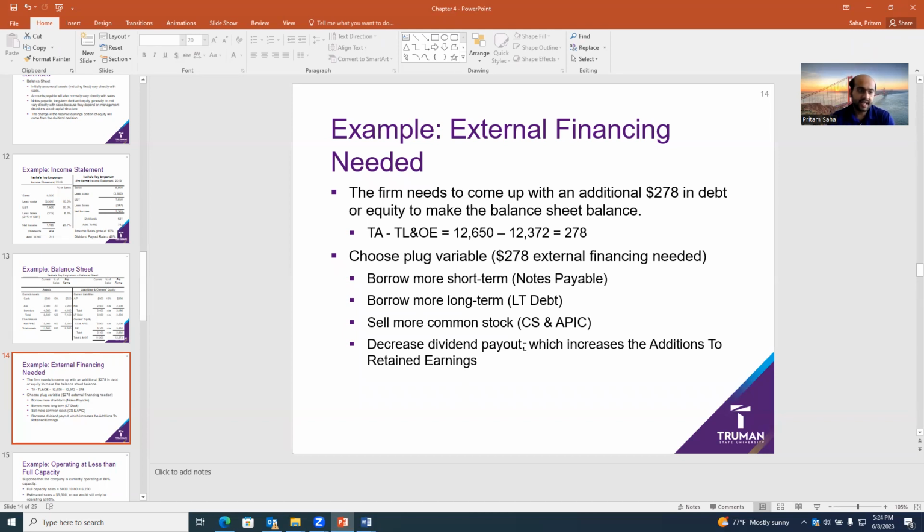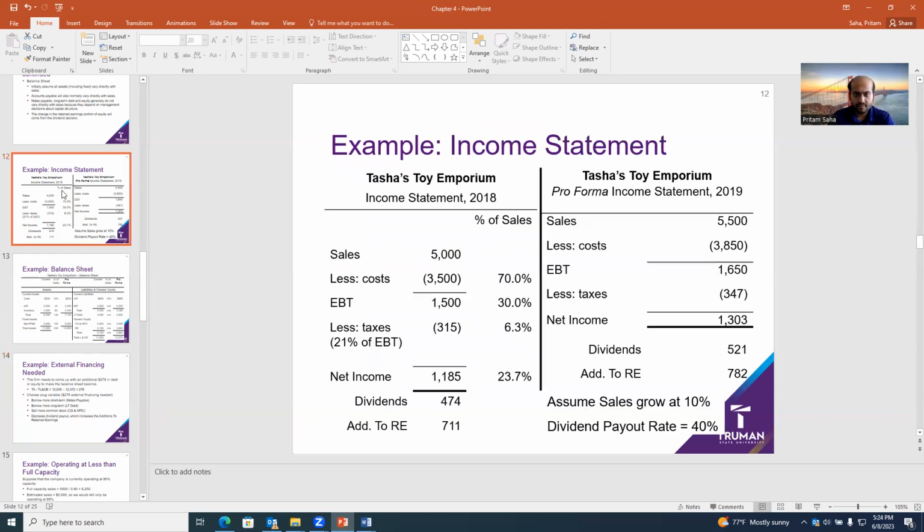So let's say in 2018, this was our historical sales, $5,000, okay? And let's say the company, Tasha Troy, is only using 80% of the asset capacity to generate these sales. So that means if they have 100 assets, they're only using 80 assets to generate this sales value of $5,000.